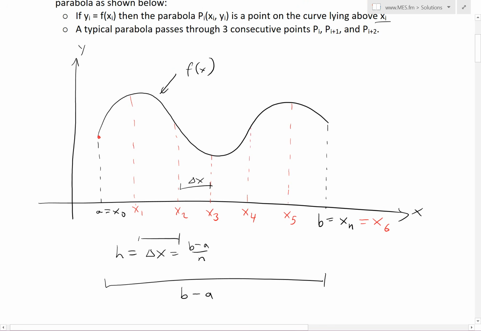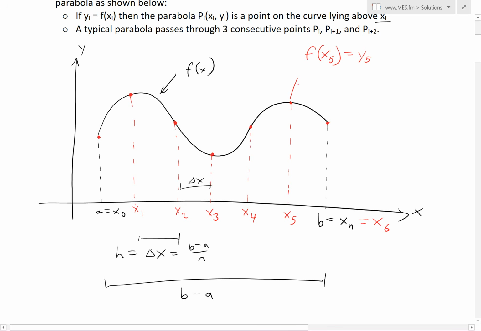These points are all on the parabola we're going to estimate, and on the curve. For example, here this is f of x5, which we'll call y5, is the distance.